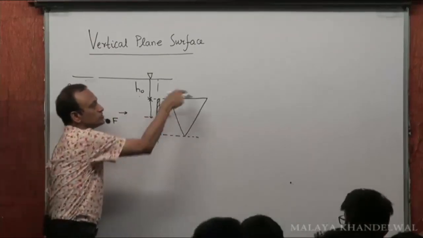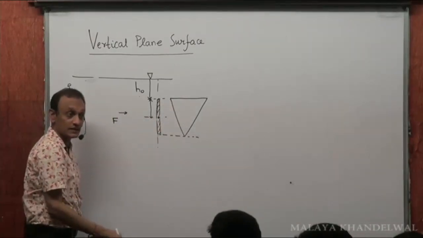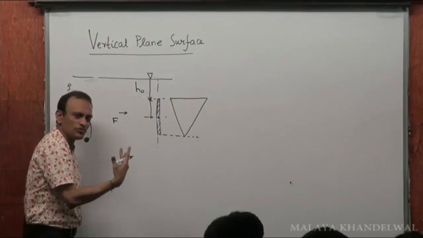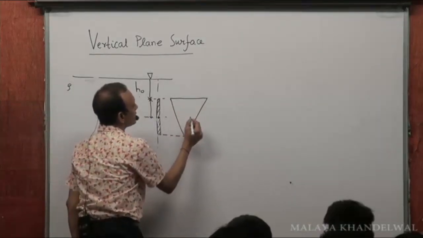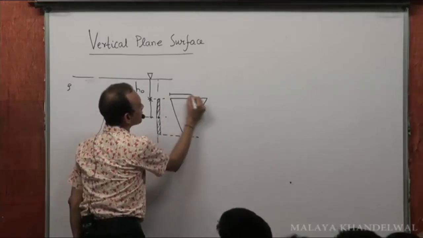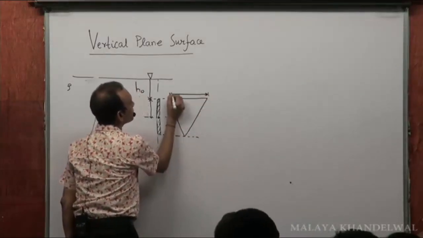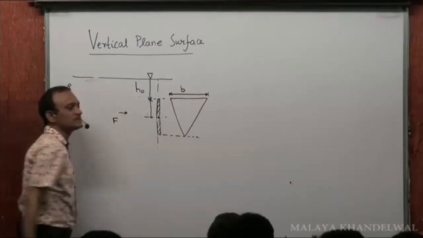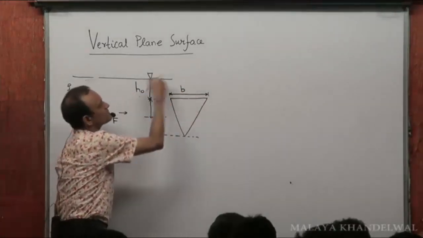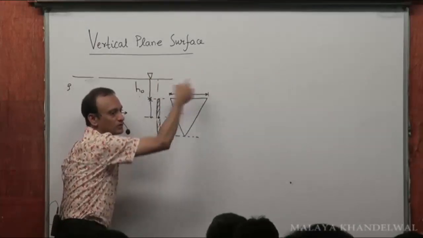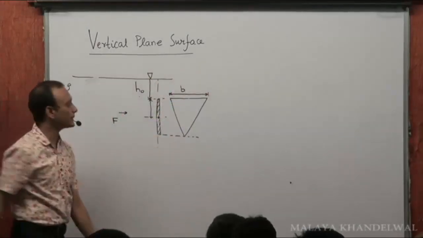When you see from here, you see an inverted triangle. That's a plane surface, uniform lamina. And say B is the base length of this triangle, and this base is parallel to the free surface, right?